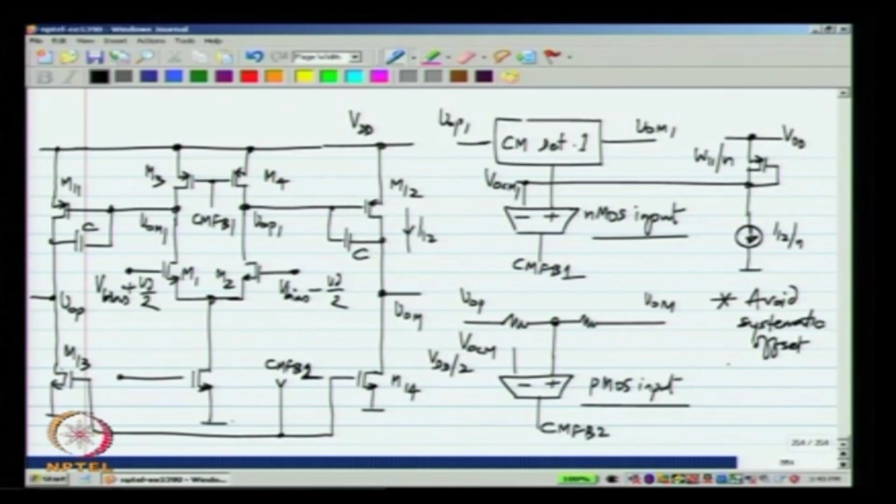And also you may have to use capacitors across the resistor to reduce delays in the common mode feedback loop. And finally, you may have to use integrating capacitors for making the common mode feedback loop gain look like an integrator.